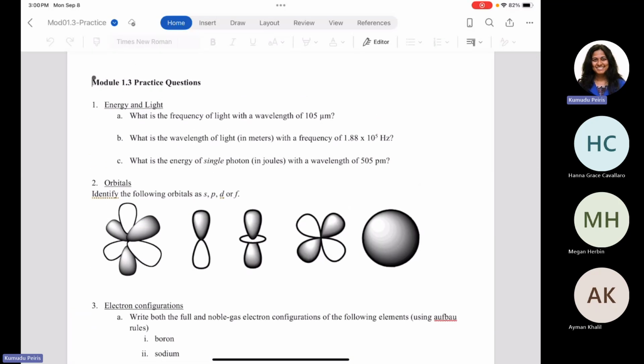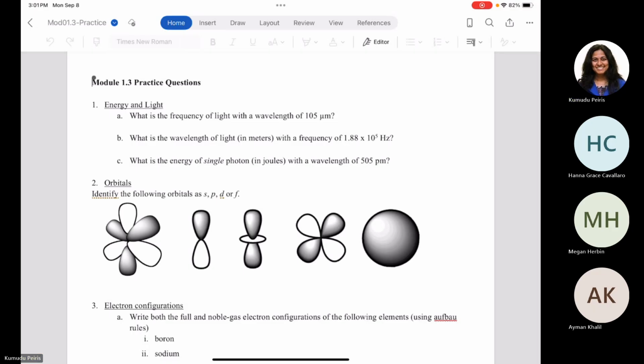Okay. It's 3 o'clock, so we're going to start the next session of the practice problems, where I focus on the energy and light and the quantum numbers of the orbitals and the electron configuration.